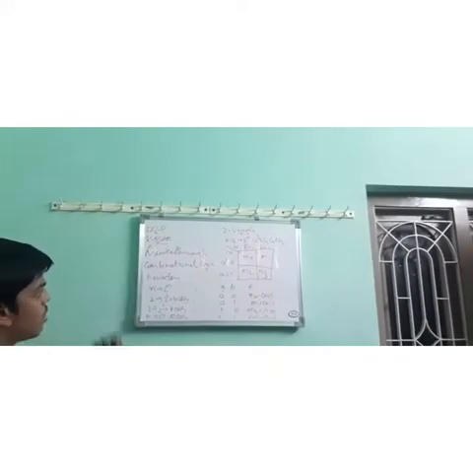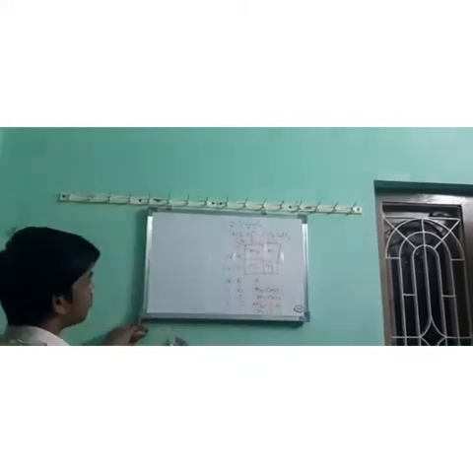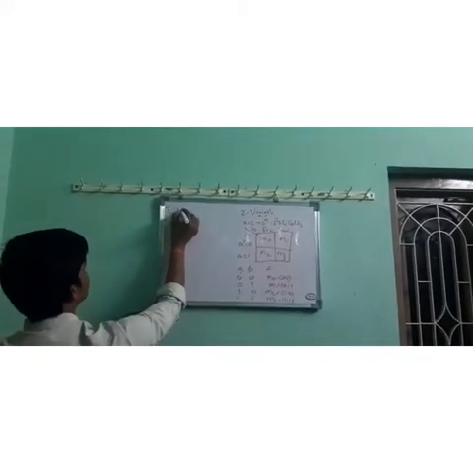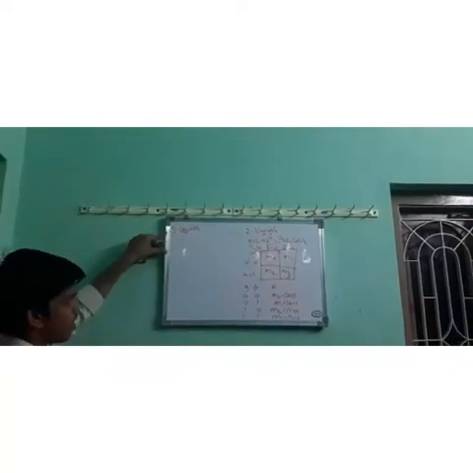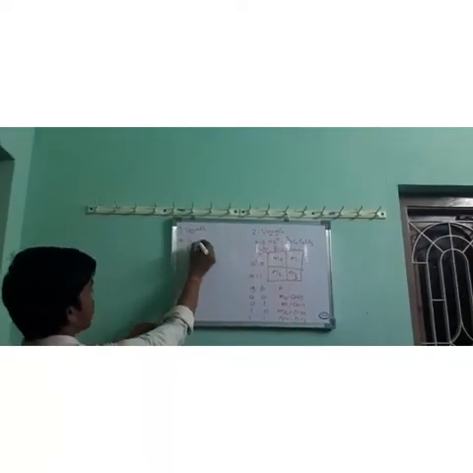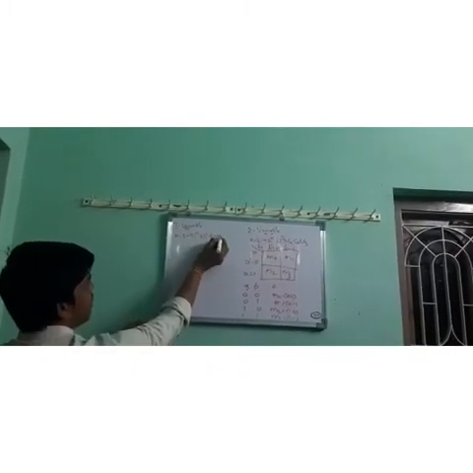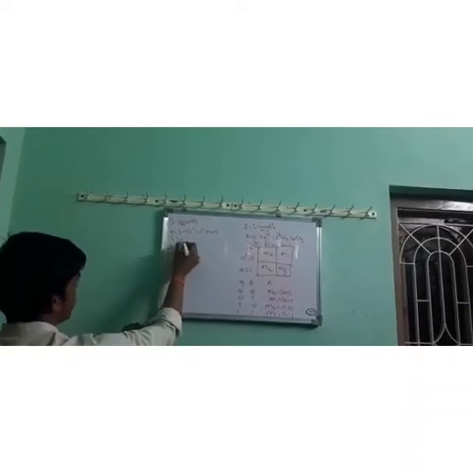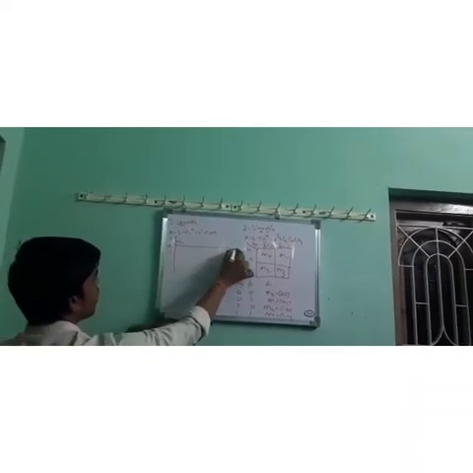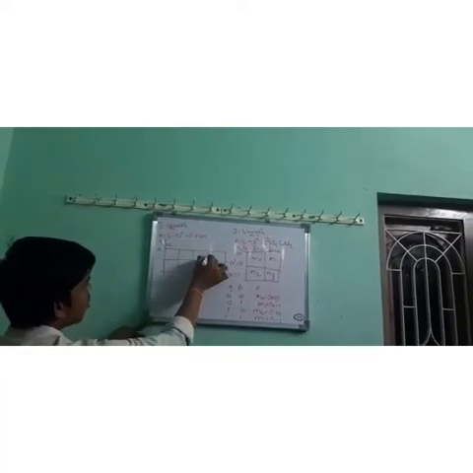Next, I want to deal with the 3 variable K-map. In the 3 variable K-map, there are 8 cells, that is n equal to 3. There are 2 power n cells, that is equal to 2 cube, which is 8 cells. Here in the pictorial notation, it can be represented as follows. There are 3 inputs, A, B, C, and the cells are represented as M0 to M7.